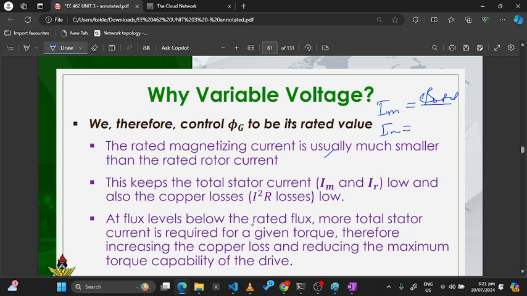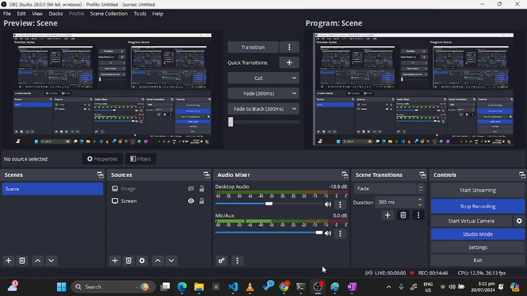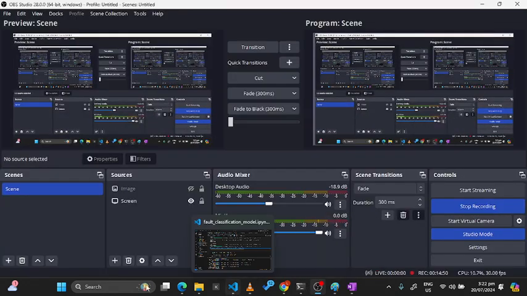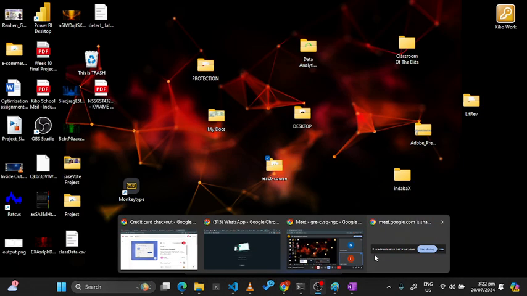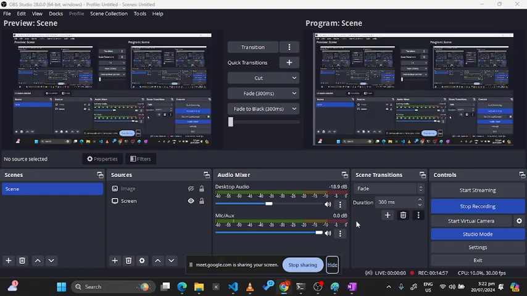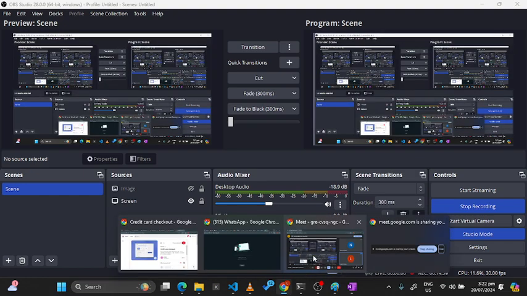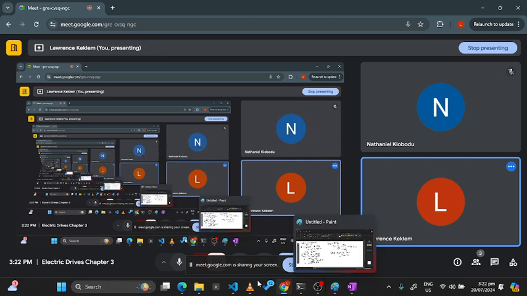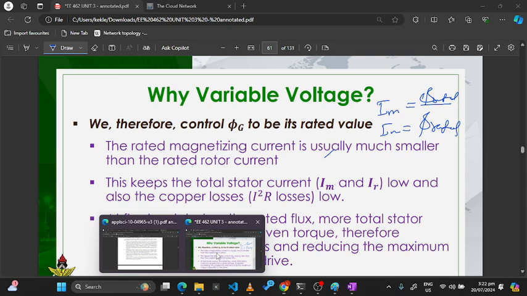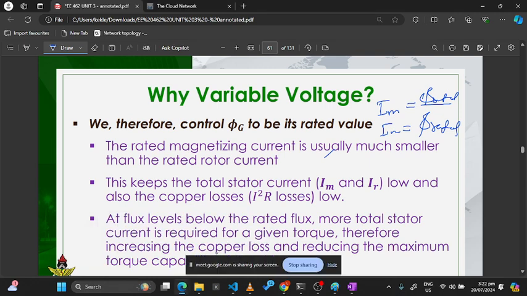And if we keep Im constant, we are keeping the flux constant. I hope you get it. So we keep the flux constant.